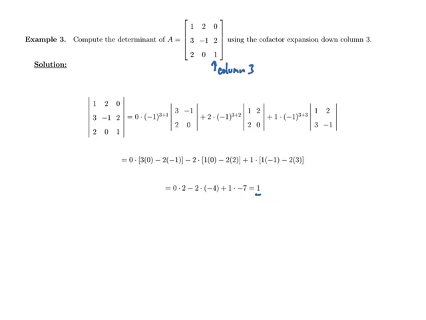So just as we did before, the determinant, now given with this new notation with the vertical bars, we're going to look at the 3 entries in column 3. There's 0, 2, and 1. And we're going to look at the corresponding cofactors. Note that this whole thing is the cofactor associated with the entry 0, which is in the first row and the third column.